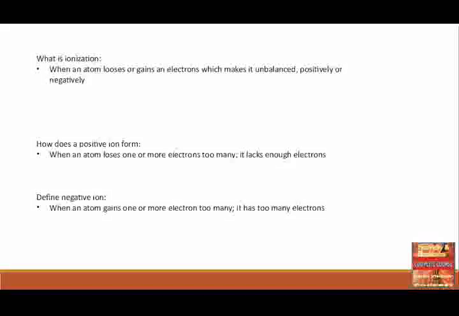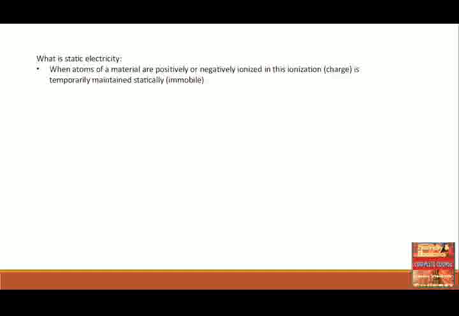When an atom gains one or more electrons. It has too many electrons. What is static electricity? When atoms of a material are positively or negatively ionized, this ionization charge is temporarily maintained statically, or immobile.